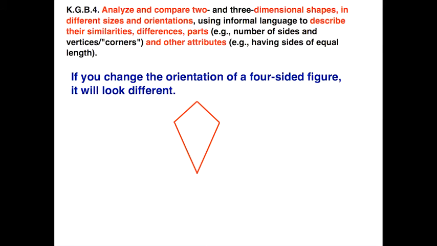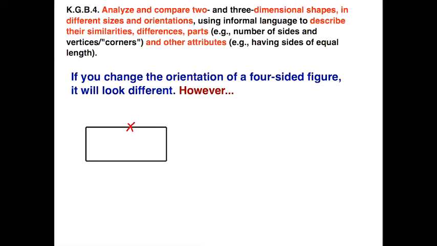If you change the orientation of a 4-sided figure, it's going to look different. So we start off with this figure here and rotate it. That looks different than the original. So does this. If we start off with this 4-sided figure and rotate it, that looks different. And so does this.